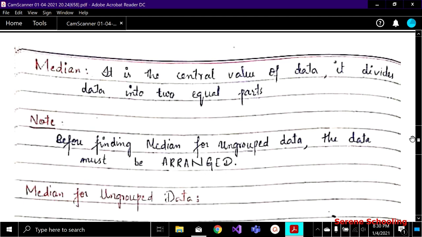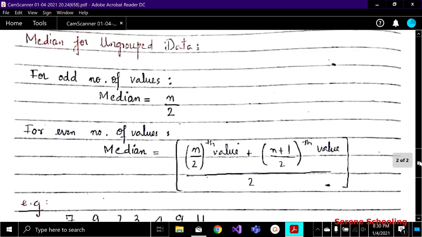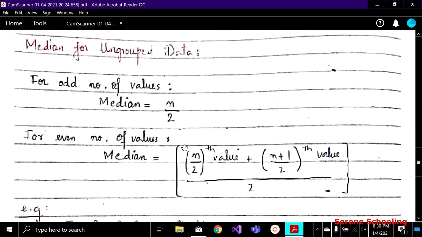Now, for the median of ungrouped data, we have two formulas, two cases. The number of values in our data can be odd, which we find by counting the frequency of all the values.